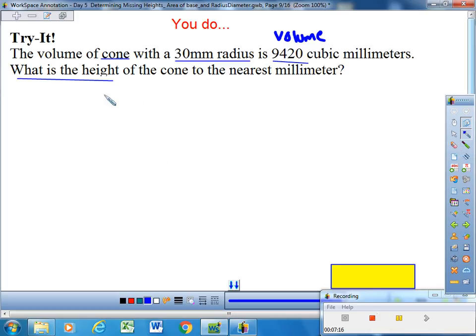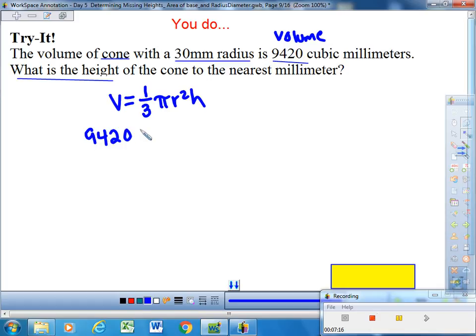All right, so you should have worked it out. You have the volume of a cone is V equals 1/3 pi r squared h. So my volume, 9,420, equals 1/3 times 3.14. My radius, 30 squared times h.